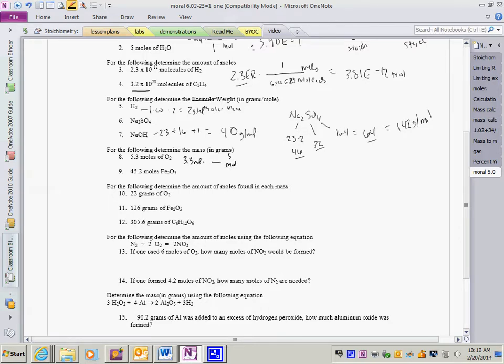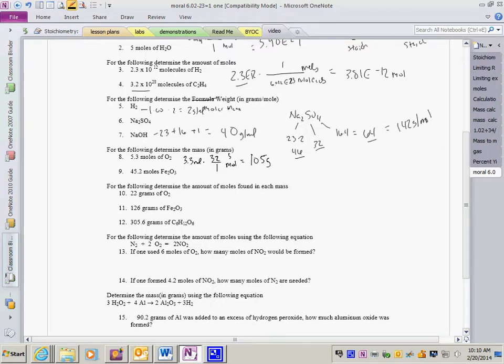This is my molar mass. 1 mole weighs 32 grams, and therefore 3.3 times 32 equals right around 105 grams.